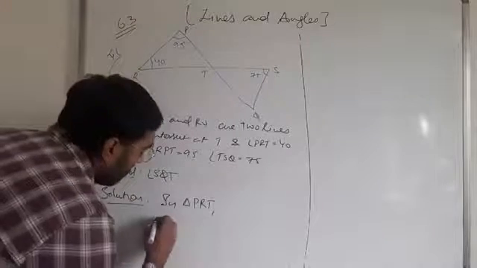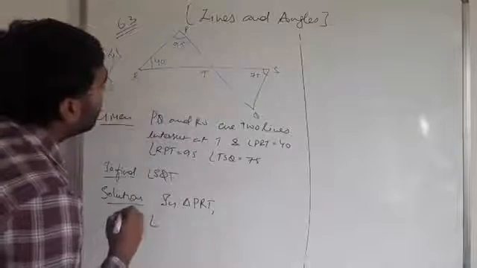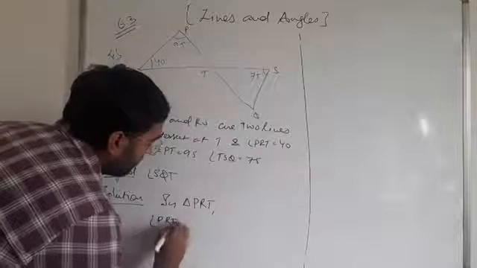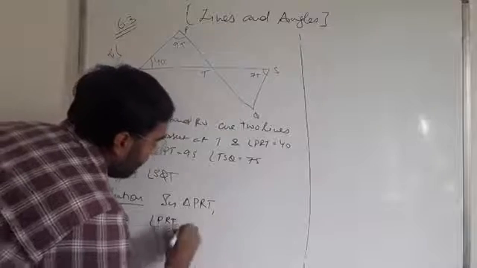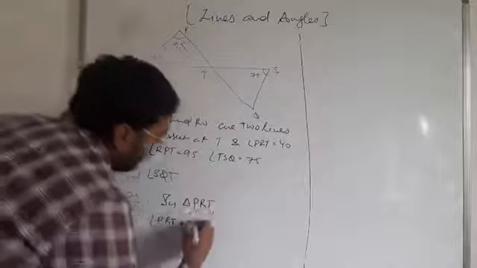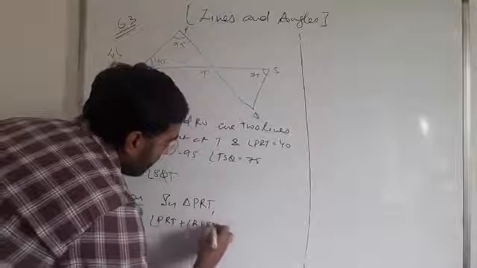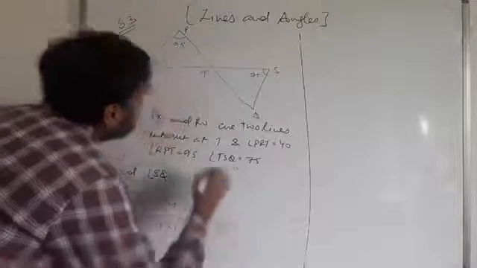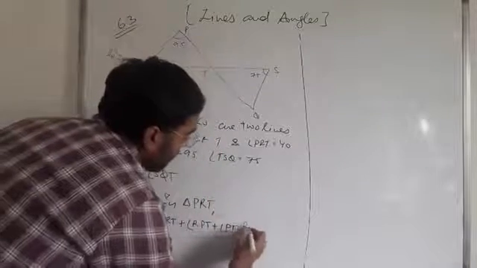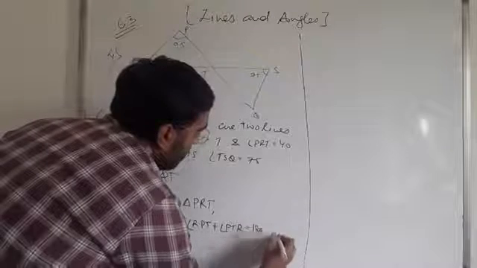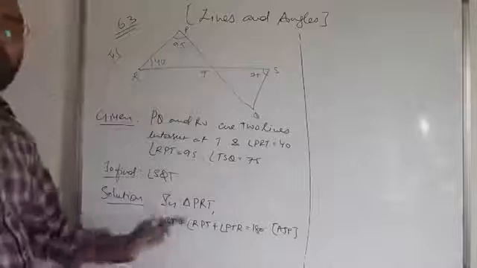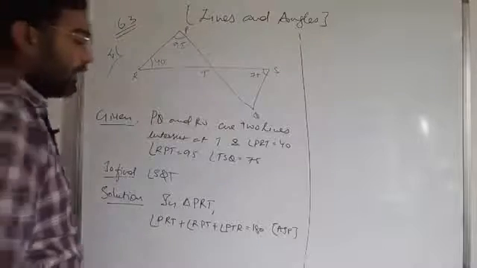So we have to take angle PRT plus angle RPT plus angle PTR is equal to 180 degrees. That is your angle sum property.